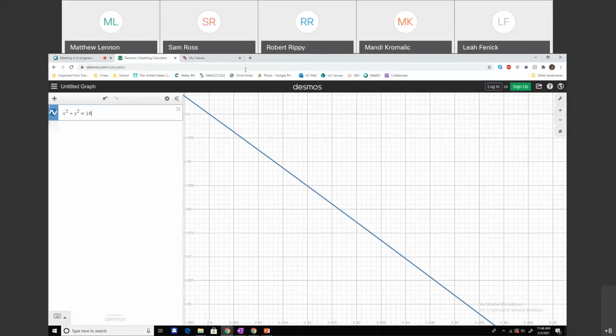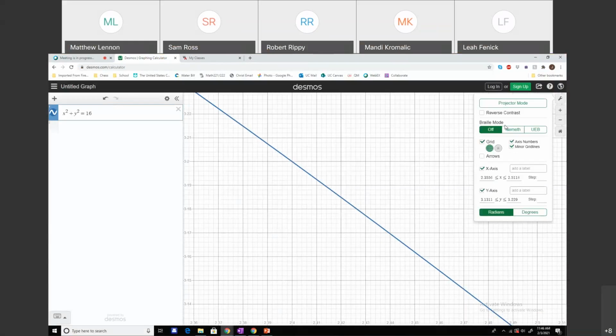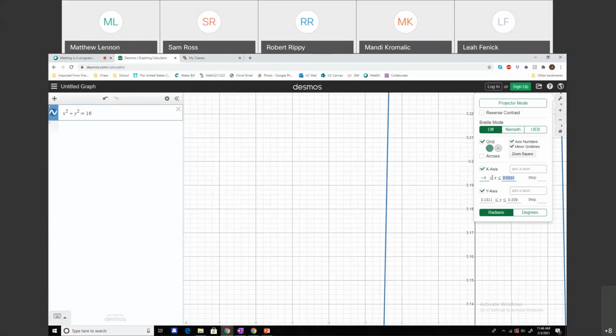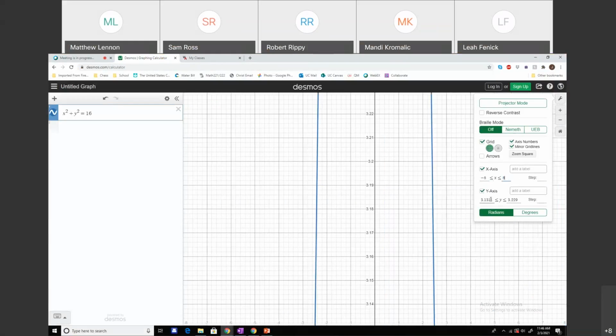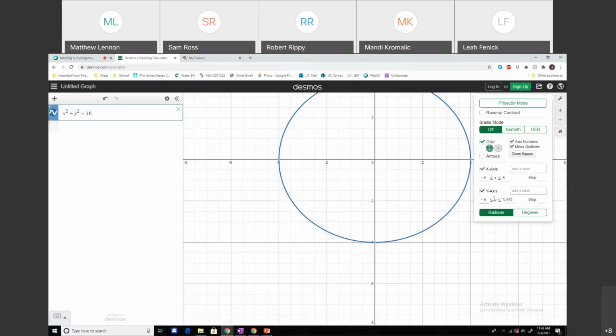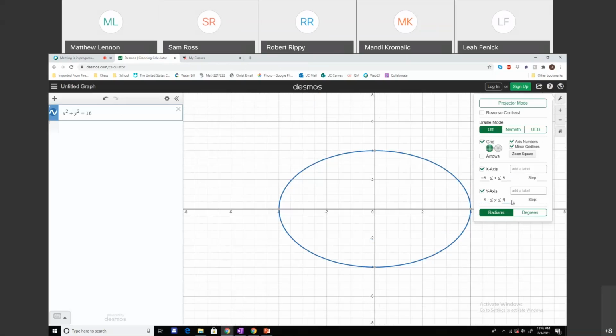Let's say I want to reset this to a reasonable window, from -8 to 8. That looks so distorted.